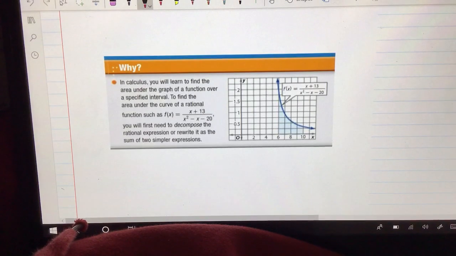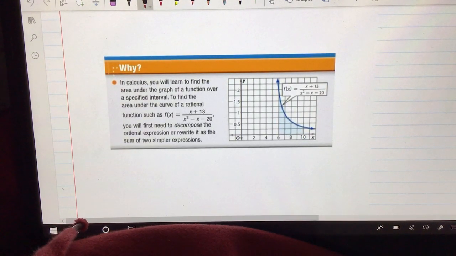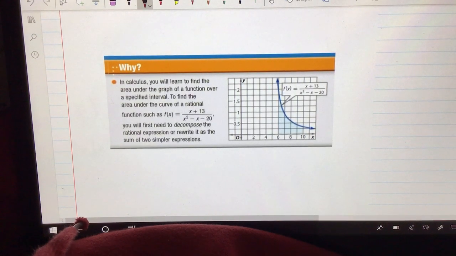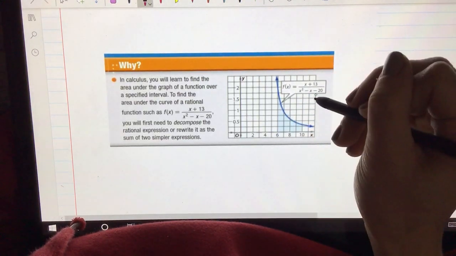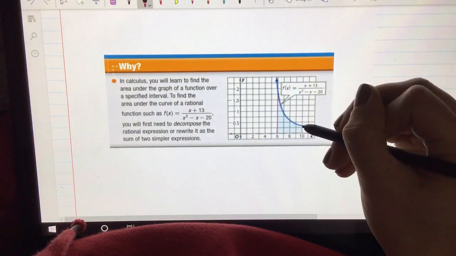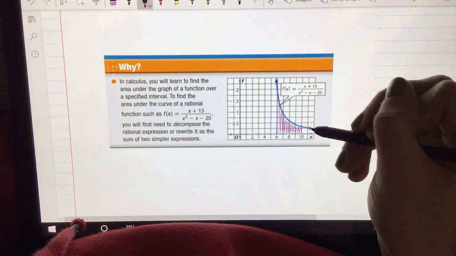Well, first, let me tell you why this is important. This is super important if you are going to take calc in the future, because when you take calc, a lot of problems will ask you, find the area under this curve. For example, it might say find the area from 6 to 10, and you have to figure out this area right here.